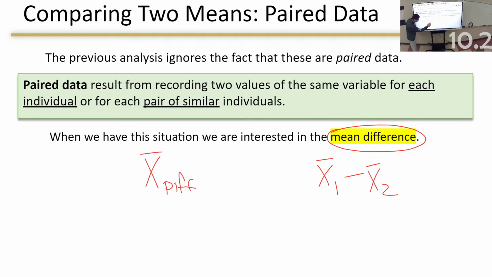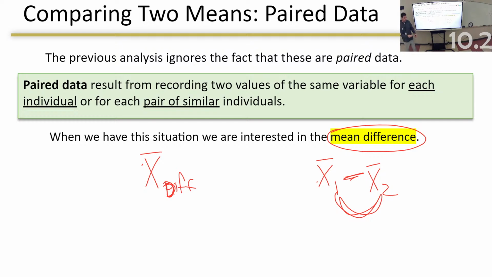That's the mean difference. Kind of see that? Mean difference. Difference of the means. When you see difference of the means, it's two samples. When you see mean difference, it's one sample. And it's not really one sample, but you're making it one sample.